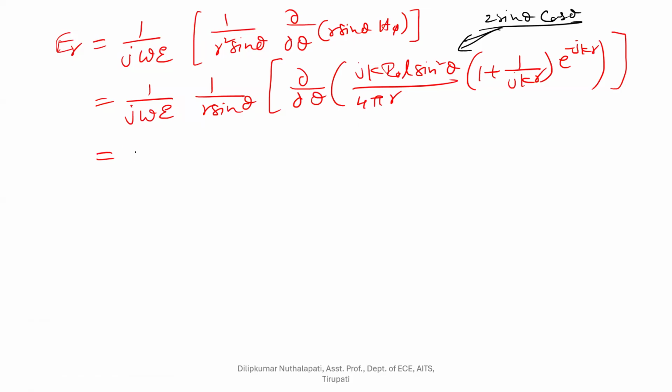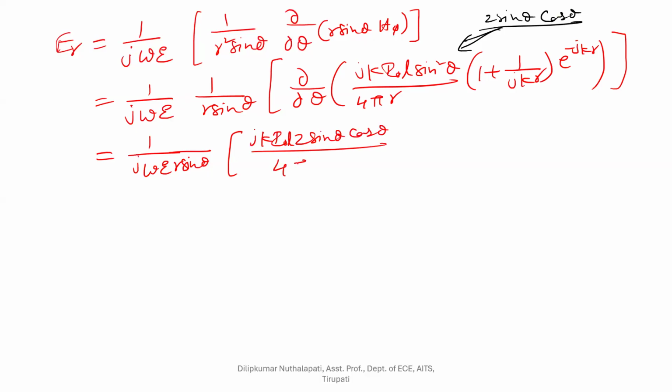Then we can get the equation as 1 by j omega epsilon into r sine theta into j k I naught L into 2 sine theta cos theta divided by 4 pi r into 1 plus 1 by jkr into e power minus jkr.